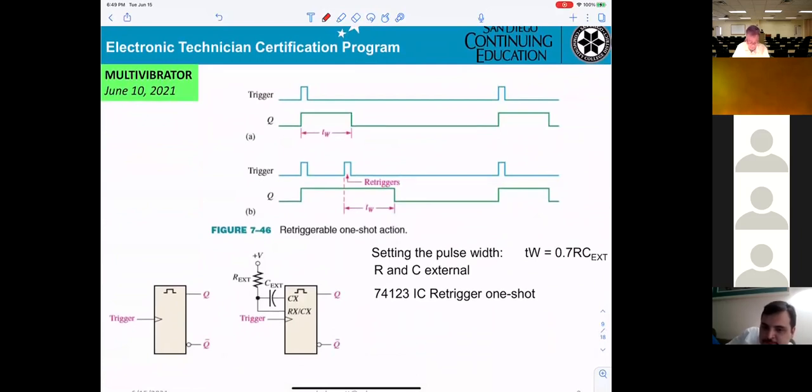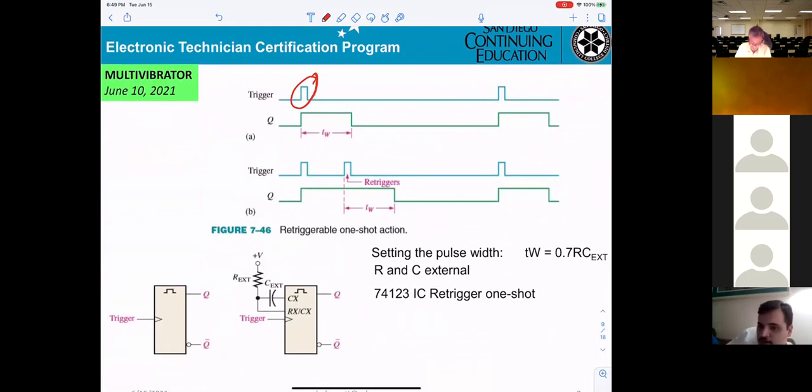Now this is re-trigger. The same thing: you add a resistor and a capacitor externally. That tells you the timing you want. Normally you get a trigger here, then the output comes out.